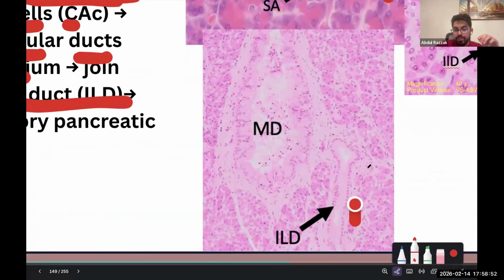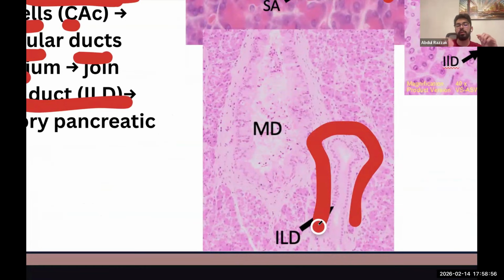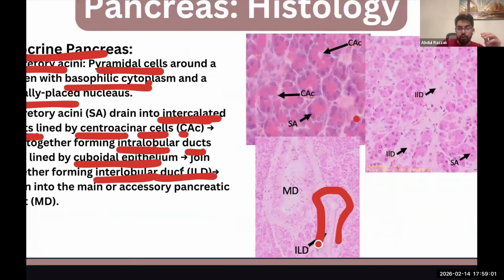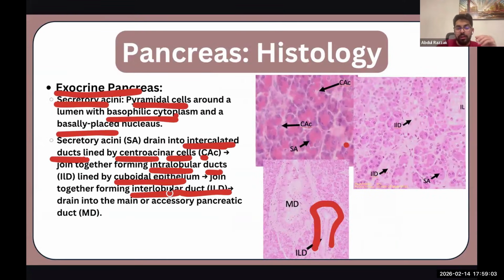So interlobular ducts are larger than intralobular ducts, and they are formed by intralobular ducts joining each other. Then all those interlobular ducts are going to drain into the main or the accessory pancreatic duct, okay? Which are then eventually going to empty into the duodenum. So this is the exocrine part of the pancreas.